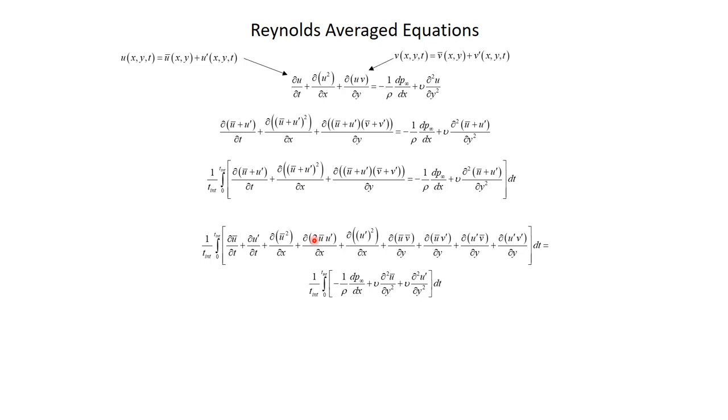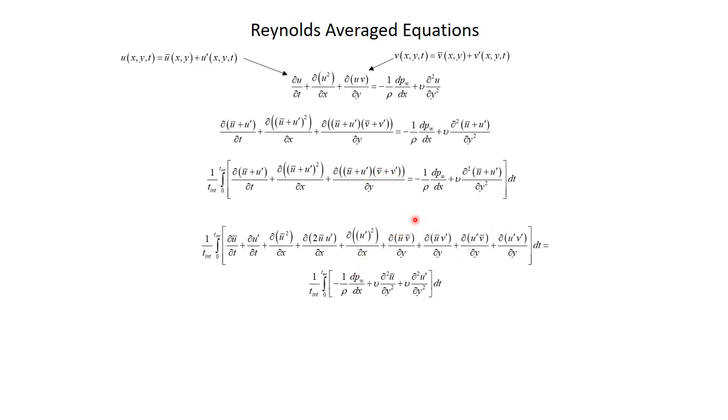So the x derivative of 2u bar times u prime, and then finally the x derivative of u prime squared. And then here I have the y derivative of u bar times v bar, and then I'm going to have a u bar times v prime, a u prime times v bar, and then finally a u prime times v prime. So that's what these terms are.